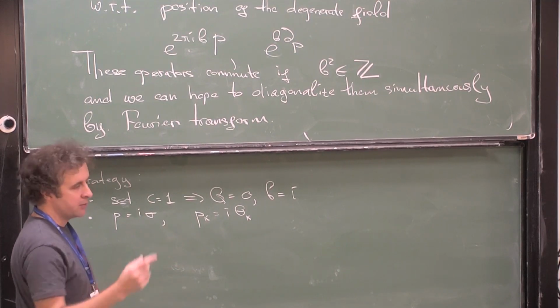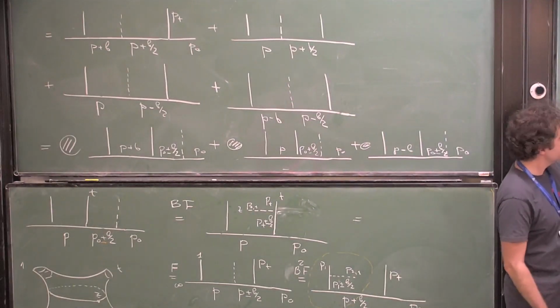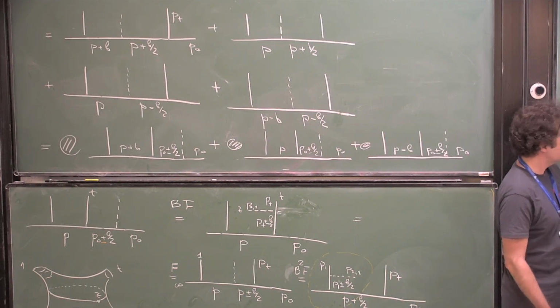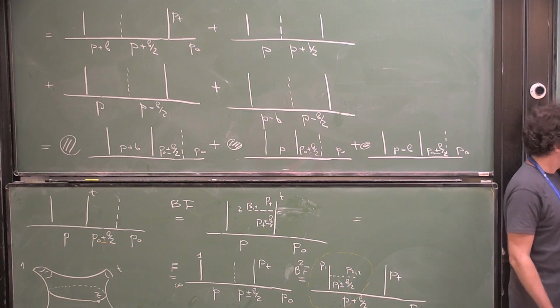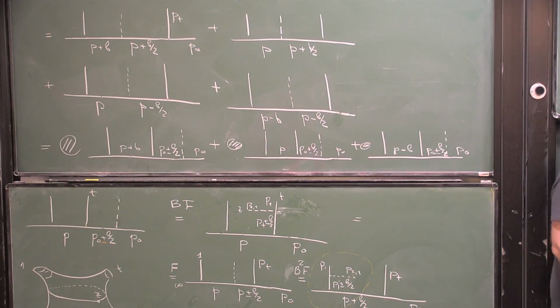This is b plus b inverse. And so in this notation, what happens to sigma when we shift p by b? Well, sigma is just shifted by 1, right?